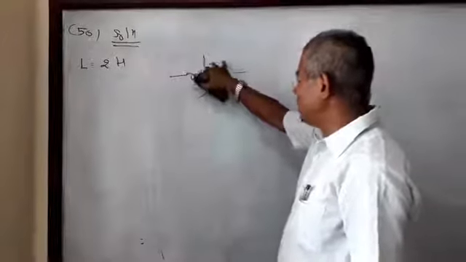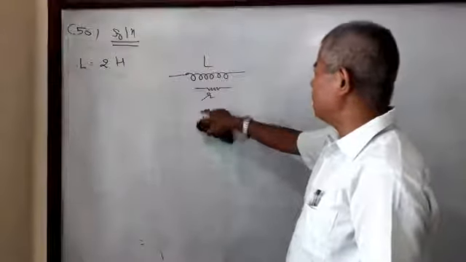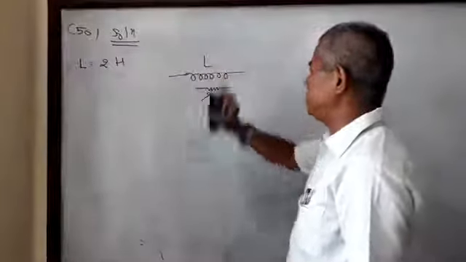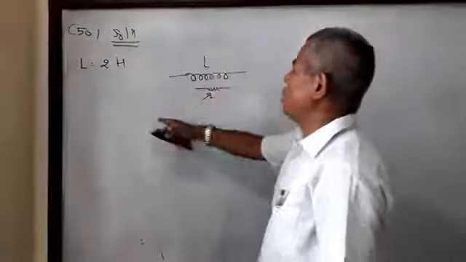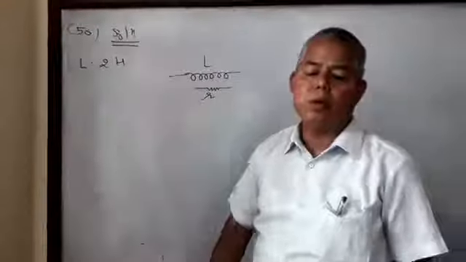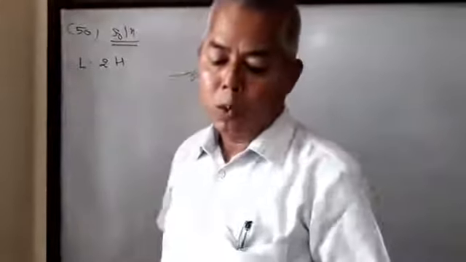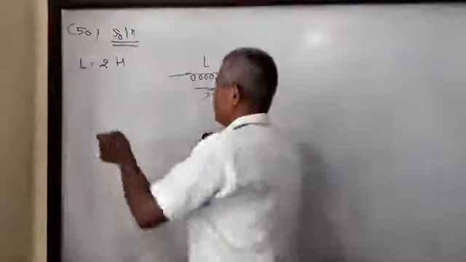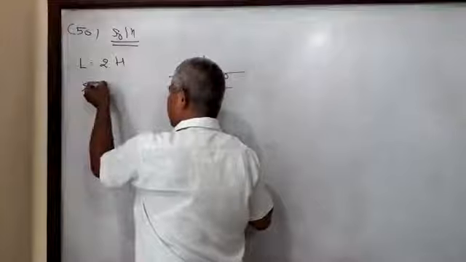Means it has both L and R, both inductance and resistance. Inductance has value 2 Henry and internal resistance has value 50 ohm.